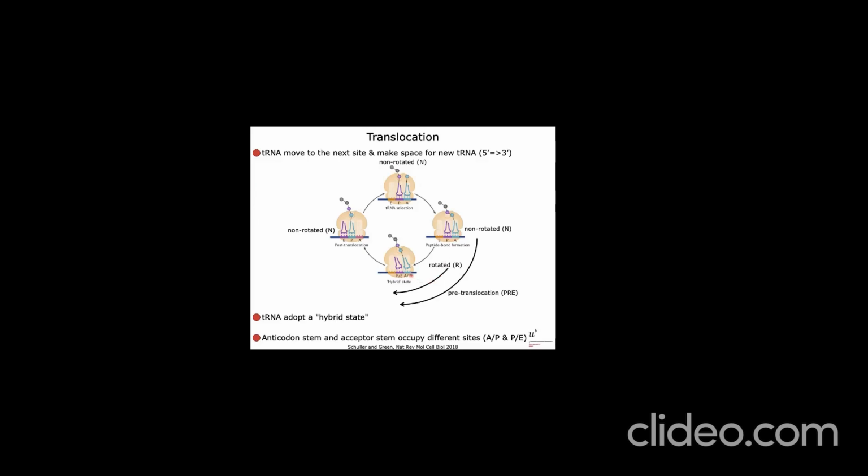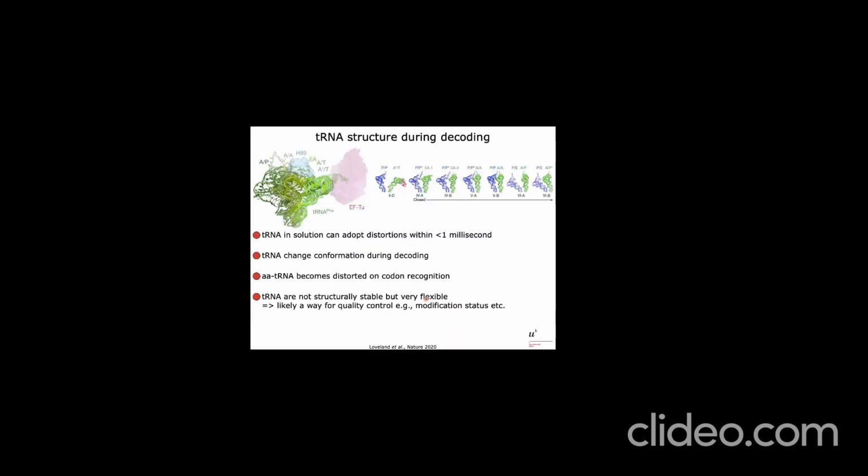So it's both in the A site and the P site, or it is in the P site and the E site. So at the bottom, at the anticodon-codon, it's still in the A site, but the business end, the CCA tail, is already moved on. So that leads to this occupation of two different sites.